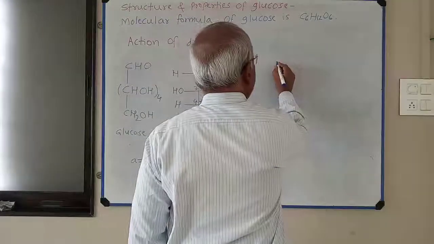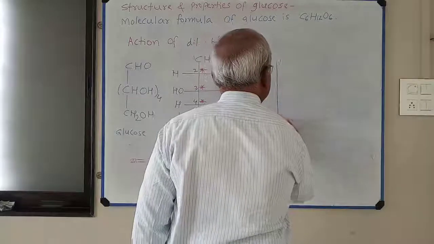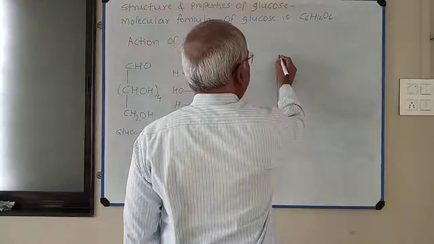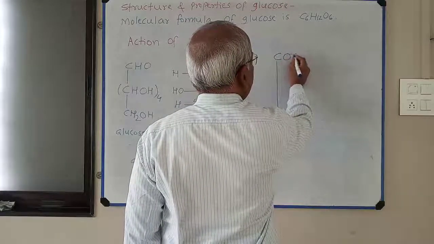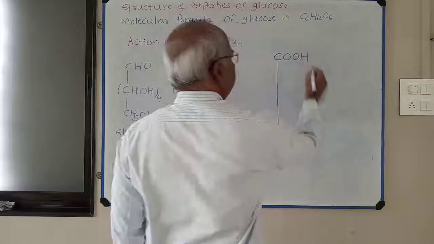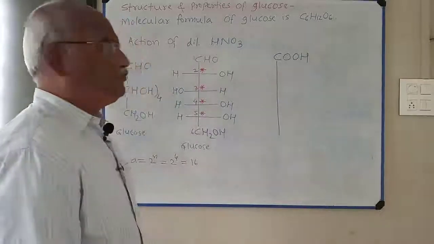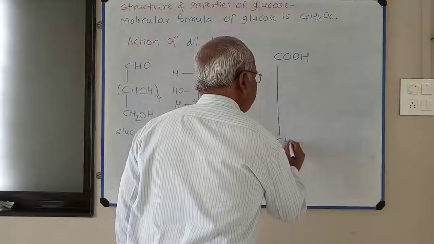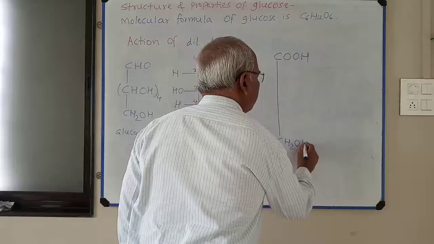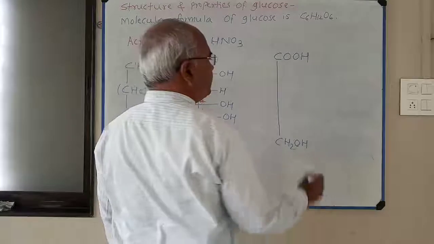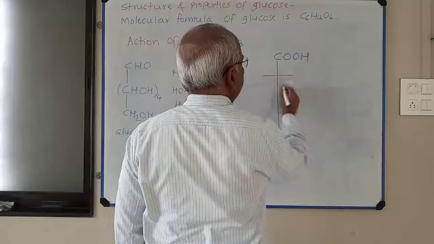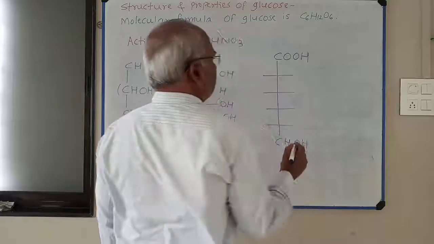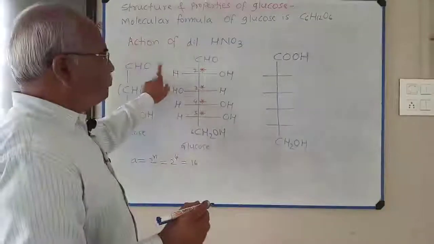Understand how to draw the structure of gluconic acid. Straight chain. In gluconic acid, 1 carbon is present in the COOH group. 1 carbon is present in the CH2OH group. Remaining 4 carbons are similar to glucose.